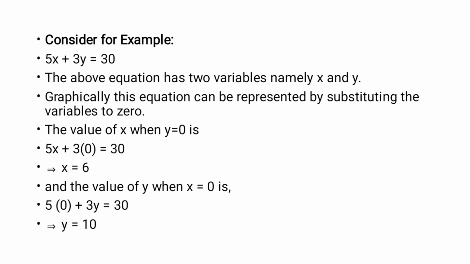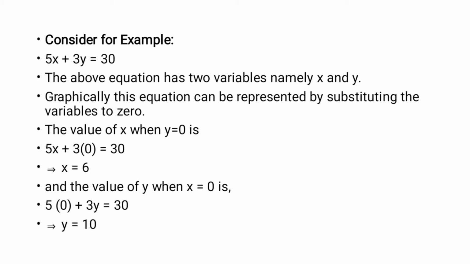Therefore, we need to transfer 5 to the other side. We divide to cancel out 5 and x in order for x to be left on one side. So it will become 5x over 5, cancelling out 5, so there is only x left, equals 30 divided by 5 equals 6.